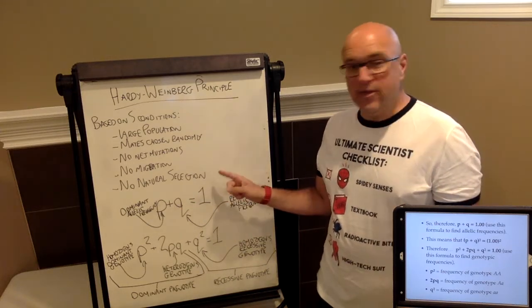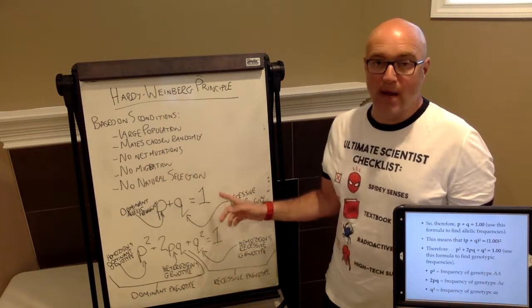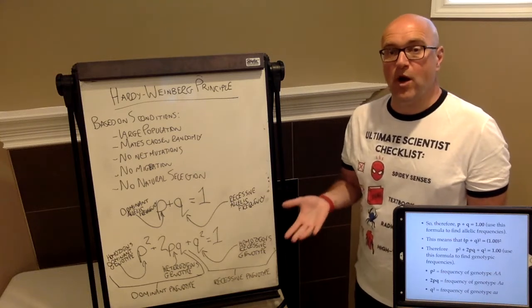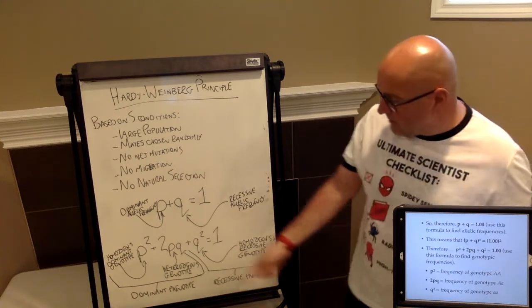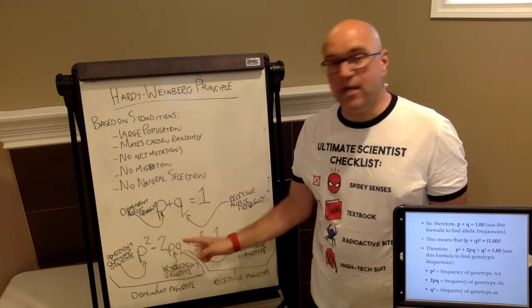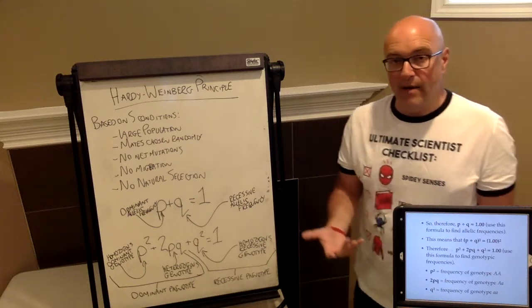If you took 1 squared, which is essentially going to still be 1, and I also square P plus Q, in math I'm going to get this equation: P squared plus 2PQ plus Q squared still equals 1.